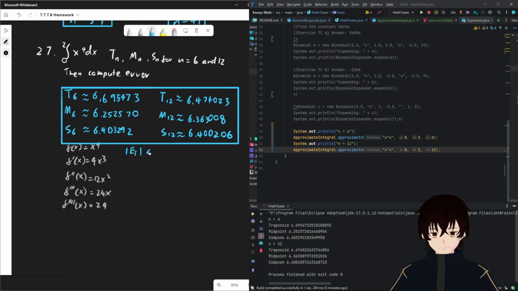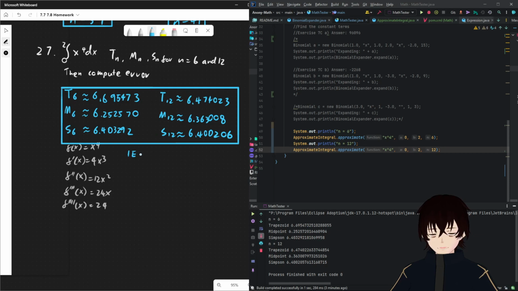The trapezoid error is less than or equal to M. Let's actually find M, the maximum. How can I say this? Slope is always positive. Higher numbers maximum.